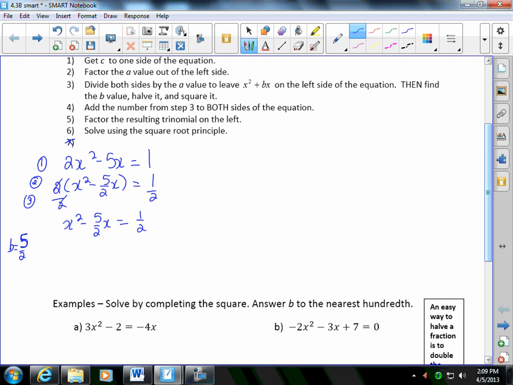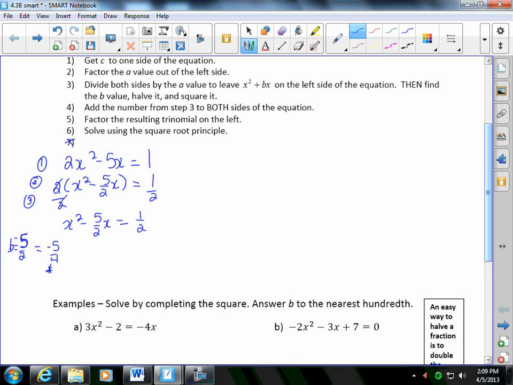I guess it's negative 5 over 2. So my negative 5 over 2, if I halve that, if I'm dividing by 2, it's like multiplying by 1/2, so it's going to equal negative 5 over 4.